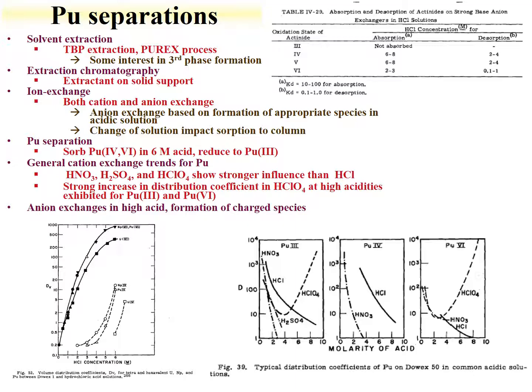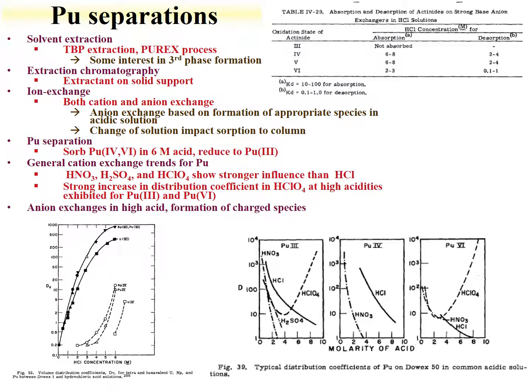Another example is shown here, where we have some of the different plutonium oxidation states. The plutonium 6 sorption has very high properties on this Dowex resin, so this would be an anion exchange resin, whereas the 4 also has relatively good sorption properties, but less than the 6.